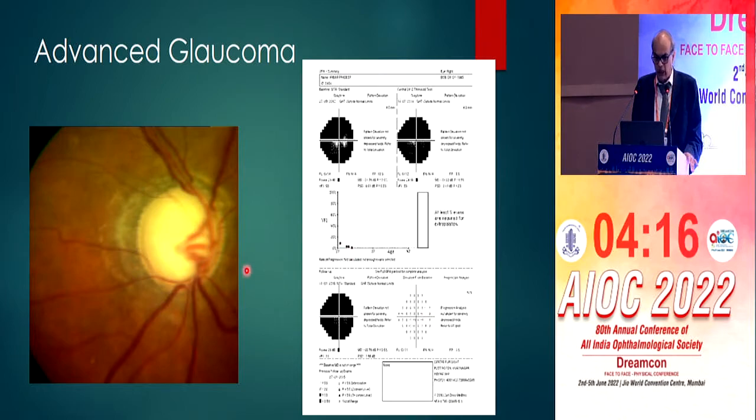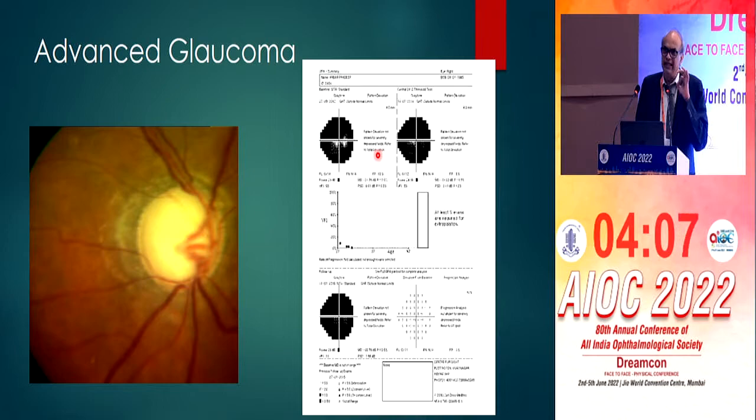So this is one of the cases. You can see that there is almost a total cupping, and you can see that a very, very small narrow island of vision is left. Dr. Das was discussing that. Some of these patients are very intelligent, and through this very narrow island of vision, they have reasonably good vision.